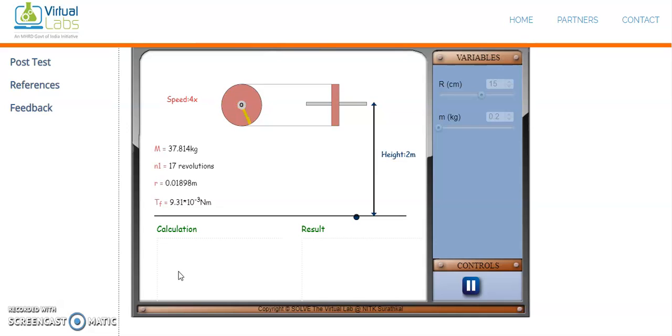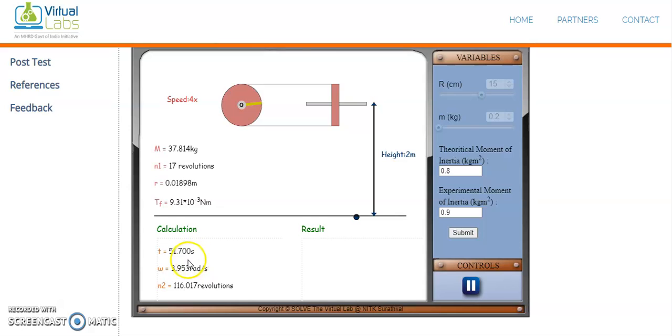From these calculated values we have to determine the theoretical and experimental value of mass moment of inertia. Okay, which was 51.7 seconds, and now we can take 0.8 and 0.9. Now the value gets reduced, because the mass is reduced to 0.2 and the radius is also getting reduced.